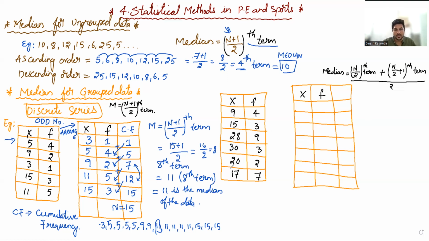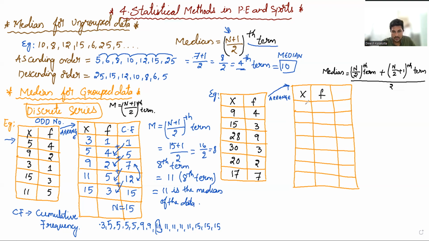If you see, this is the given data example. Again, the same thing: you have to arrange the data first, in ascending or descending order.